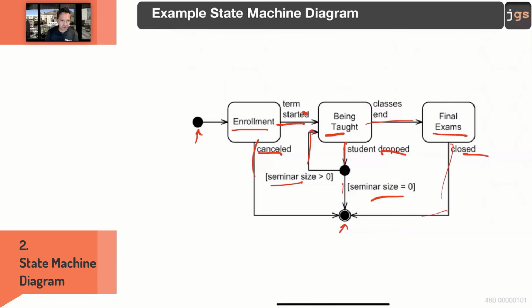For instance, at which moment does CSE460 or any other class move from enrollment open to running, moving from here to here? Well, maybe a particular date, maybe a particular size for the class. That is the information that you put for the line. We do not have diamonds here.